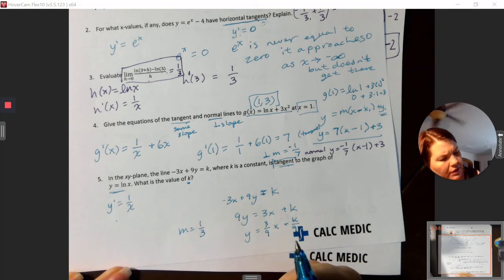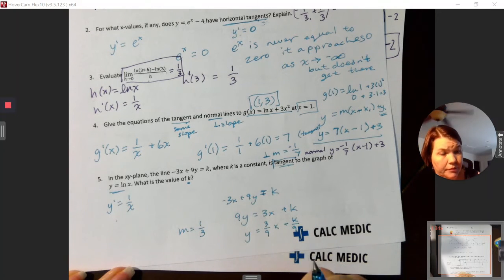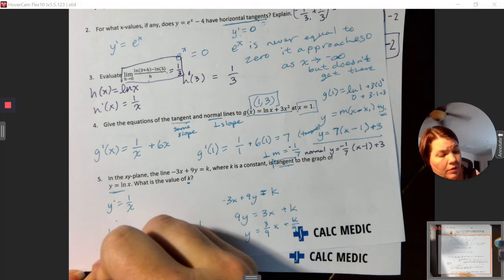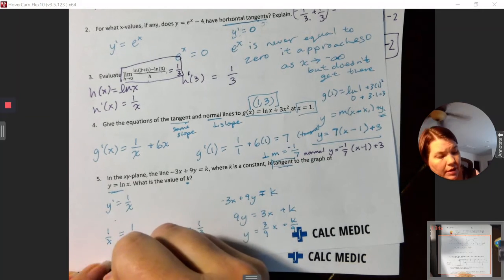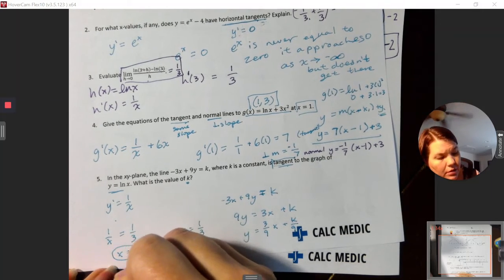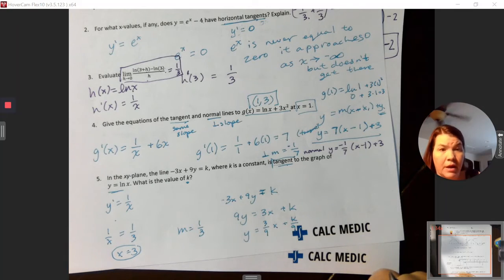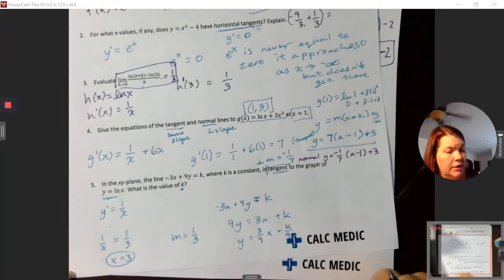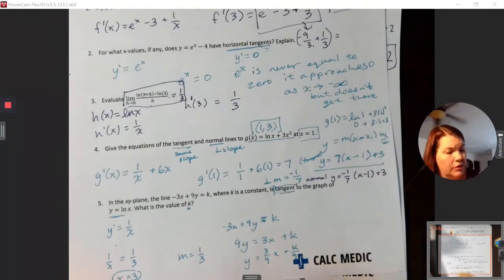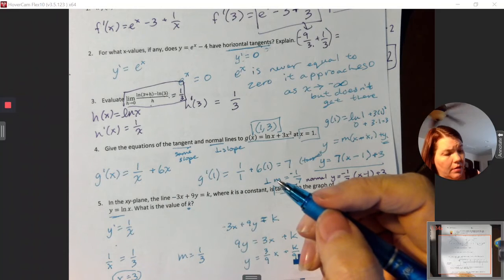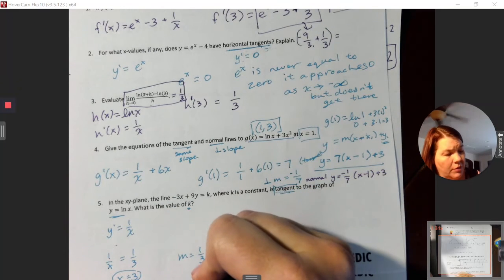So my derivative needs to equal 1/3. And so 1 over x needs to equal 1/3, so x equals 3. That's my x coordinate. That's important. And tangent. So the x coordinate is 3 and my slope is 1/3.